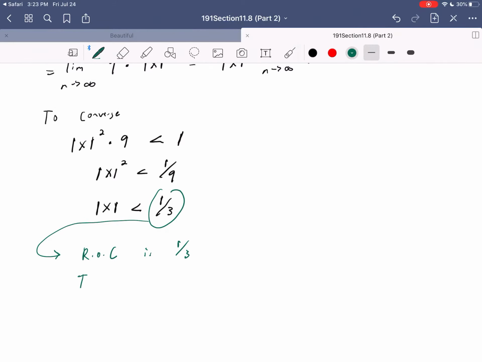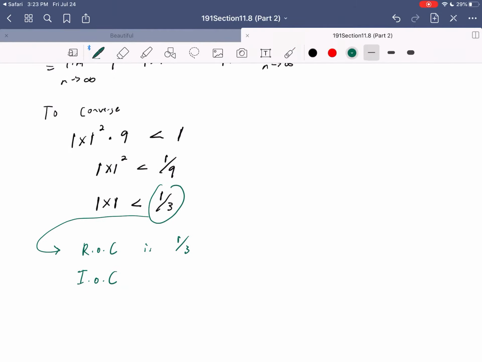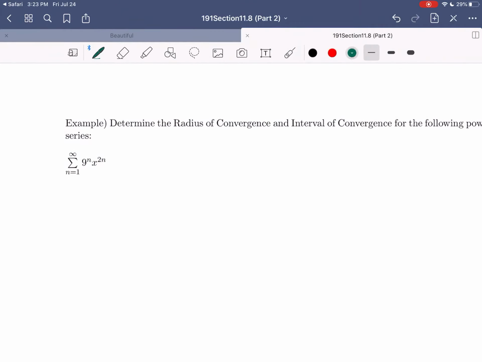It also tells us the format of our interval of convergence. Since our center was 0, we can go 1/3 of a unit from there. So our interval of convergence is going to be minus 1/3 up to 1/3. And then we will need to test these endpoints individually. Okay, let's go ahead and test those on the next page. So we now need to test the endpoints.